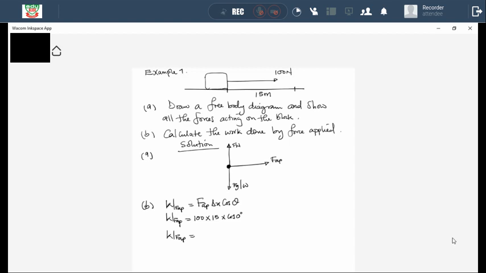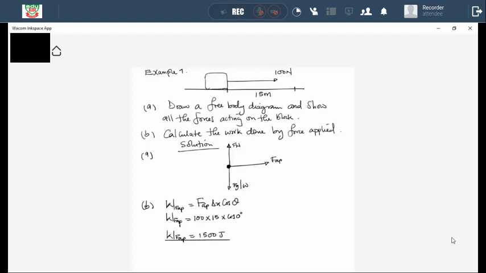That gives us 1,500. And remember, this is work done. This is supposed to be in joules. And then we underline our answer. So that is the work done by force applied.